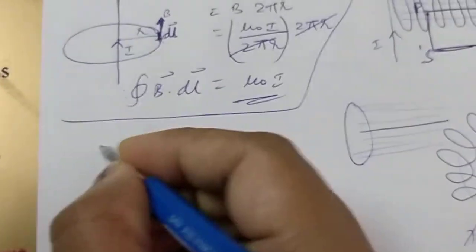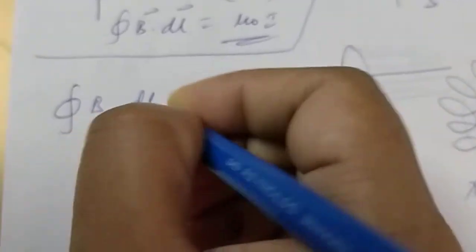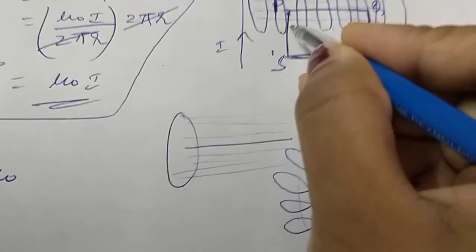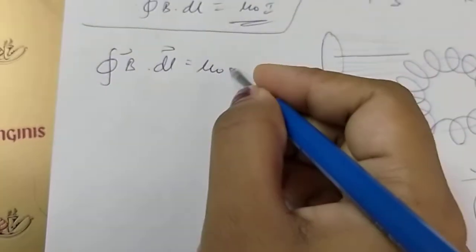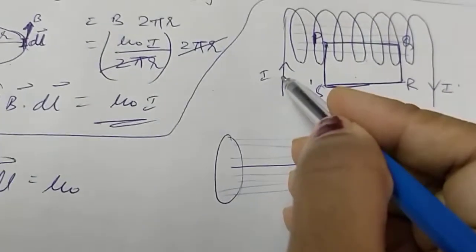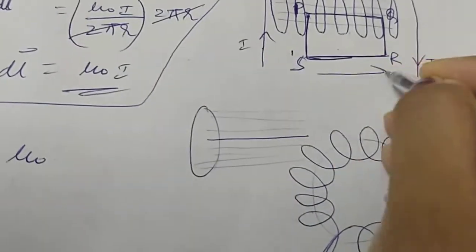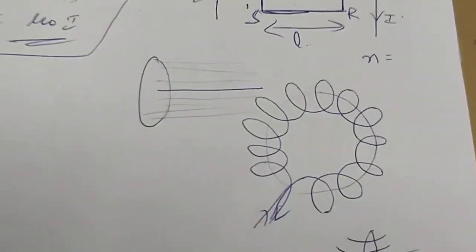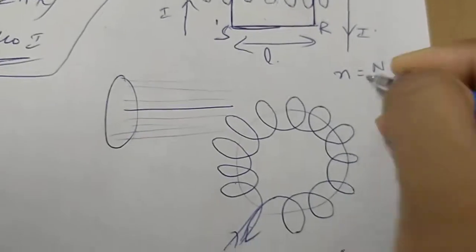Now when you use Ampere's circuital law, the closed integral of B dot dl is equal to mu naught I, where I is the total current. If suppose there are 10 loops, the current in the 10 loops will be written here. I is the current in one loop. Let the length of this be L, and small n is the number of turns per unit length.